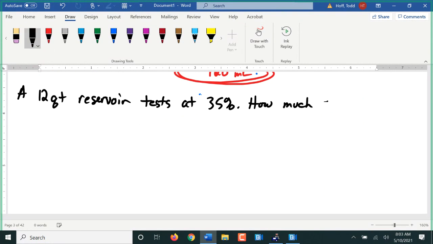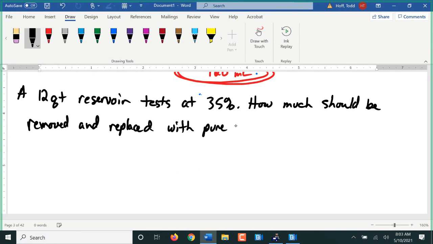How much should be removed and replaced with pure, I should have said this is a coolant reservoir for a car, with pure antifreeze to create 50%?